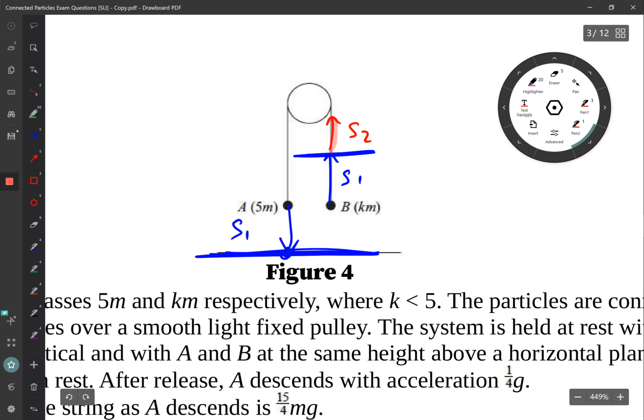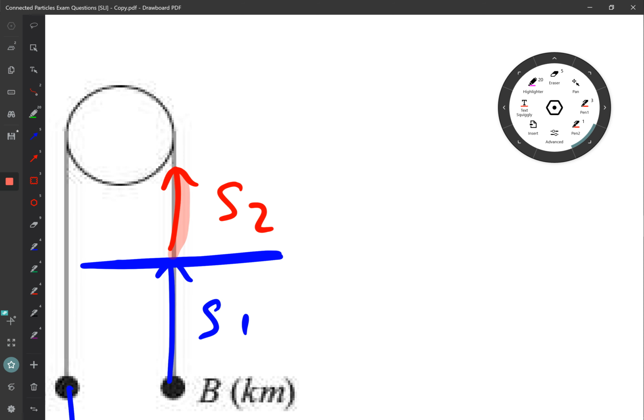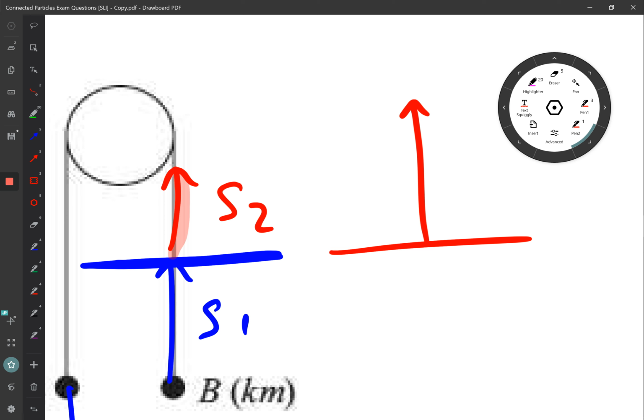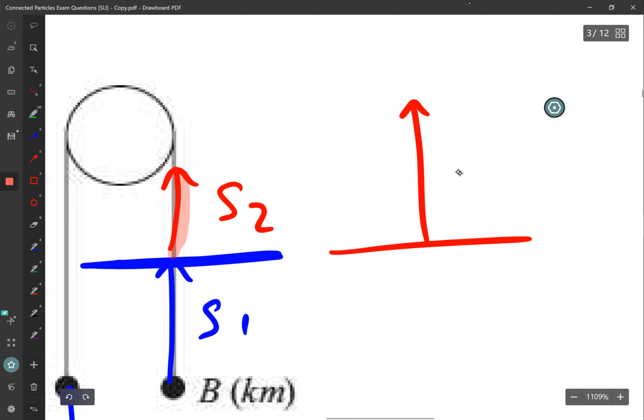Now the second part of the journey here, we have to be able to recognize the fact that once this force is no longer pushing it up, well actually the particle is going to slow down until it comes to a stop and then come back down again. Now we're not interested in the downward journey, we just want the upward journey. In this case, it's just acting through natural gravitational forces.